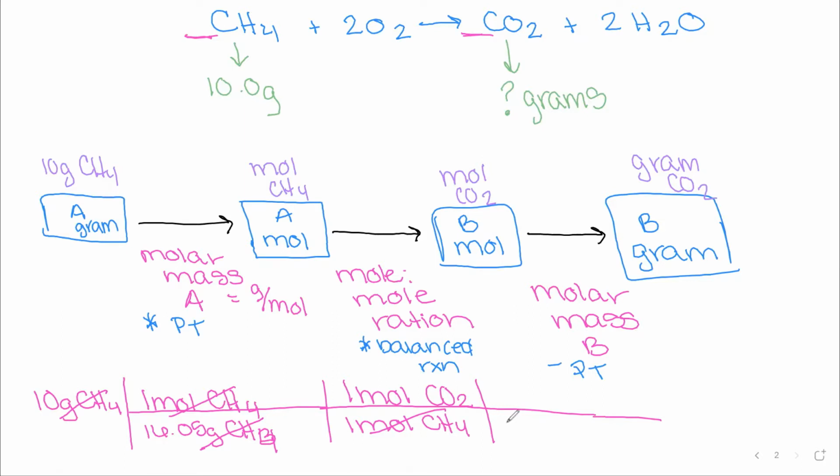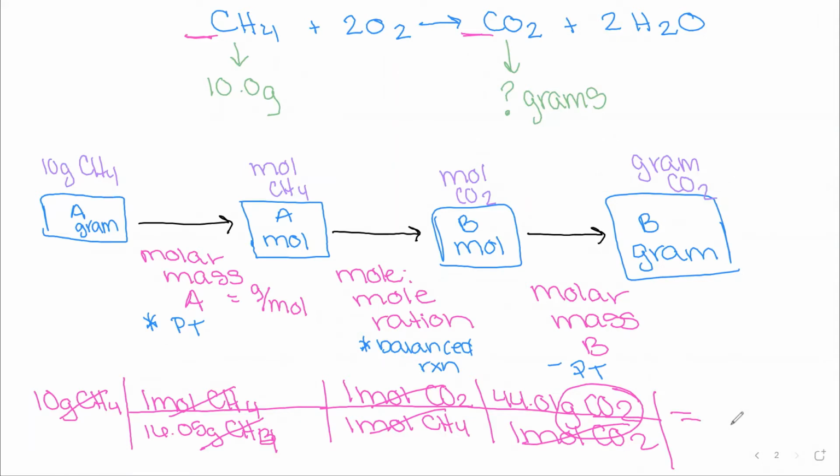Let's say it is 44.01 grams of carbon dioxide and 1 mole. Notice that I did put the 1 mole on the bottom because, again, these units need to cancel out. You can't flip this. So my 44.0 grams is on top. So I end up getting the units that I'm looking for. I'm looking for grams of carbon dioxide.